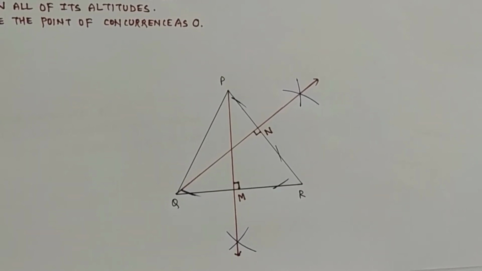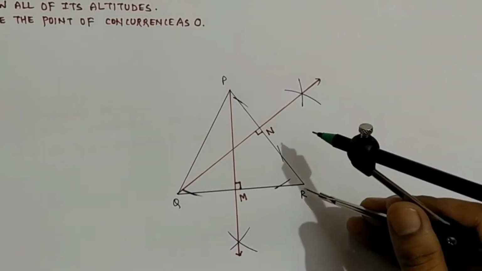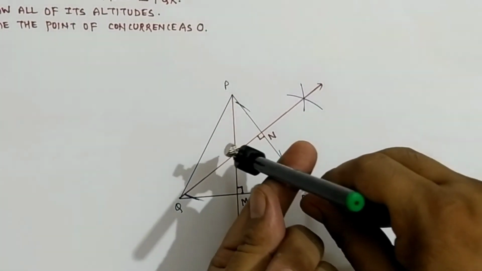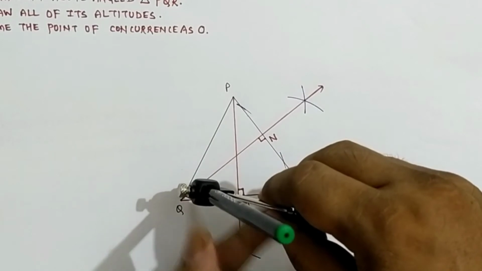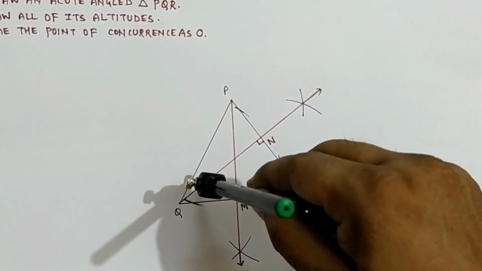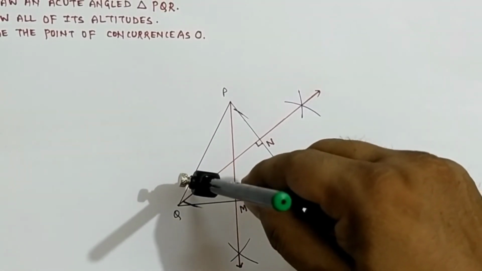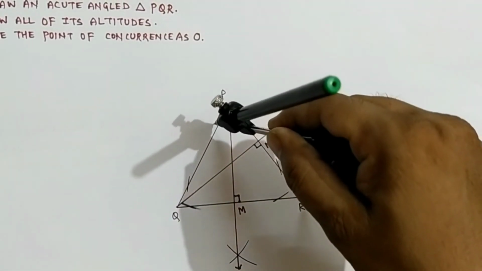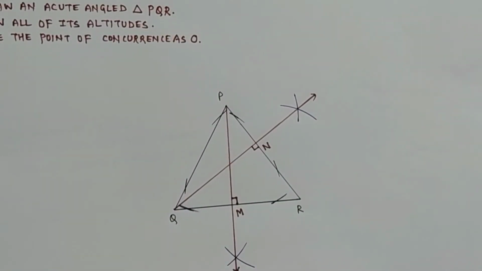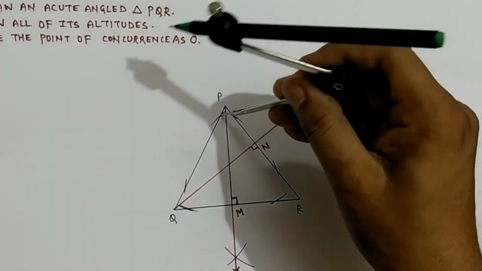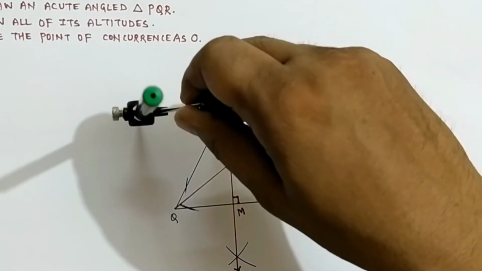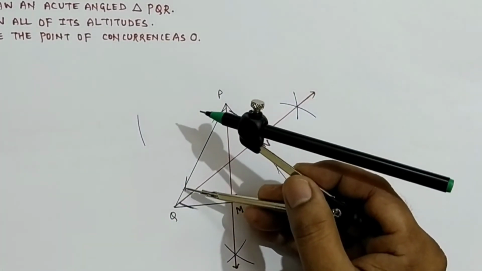Now we go for the third perpendicular from this point R on this opposite side. Okay, so let us start now. On this opposite side PQ you have to cut two arcs. Take proper distance for that. You can see that. And now from these two arcs which you have drawn on PQ, take more than half distance and cut the arc.